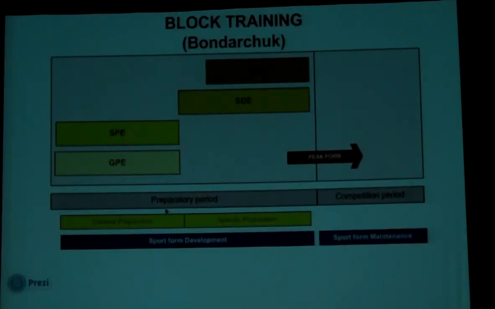So in a block system, as I said before, with Yuri Verkhoshansky, he spent time developing motor potential first and kind of transforming it into a technique later. Or, for example, in throwing, you're probably going to spend time improving your bench press, incline bench press, squat over here, and then you're going to start using throwing actually to kind of transform it into a skill.